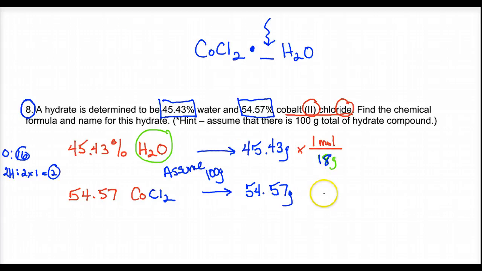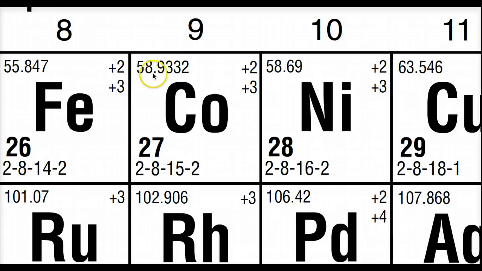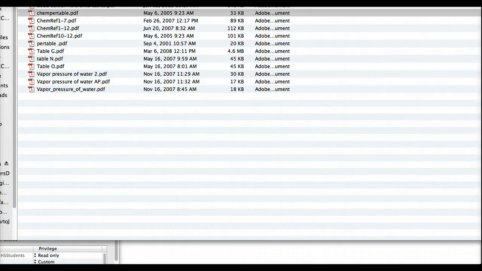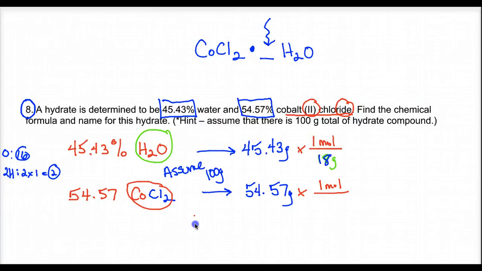The next step is I have to convert this into a how-many number, the mole, and I have to find the formula mass of cobalt chloride. So I have to go to my periodic table. There's cobalt, 58.9, so I can use that AMU, atomic mass unit, also as grams per 1 mole. So 58.9, we'll round to 59. So 1 cobalt, 1 times 59 is 59.